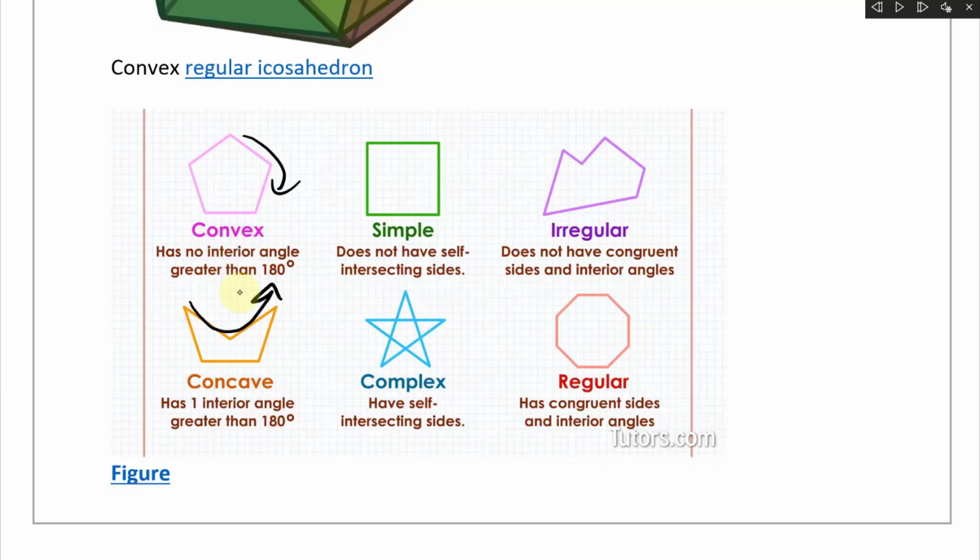Every single one is outward, and none of these are inwards. So this is convex, this is convex. This one right here is concave, and this is concave over here. And this would be concave as well, because the interior angle here is greater than 180. That's very fascinating. But this one's a complex one because of intersecting sides and so on. All right, continue further.